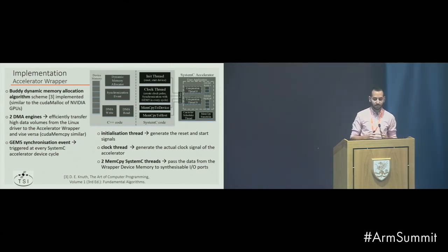In addition, 2 DMA engines are developed to efficiently transfer the high data volumes from the Linux driver to the accelerator wrapper, and vice versa, similar to CUDA memcpy. A gem5 synchronization event, which is triggered at every SystemC accelerator device cycle, is developed. In addition, initialization and clock threads are developed to generate a reset, start, and actual clock signal of the accelerator.